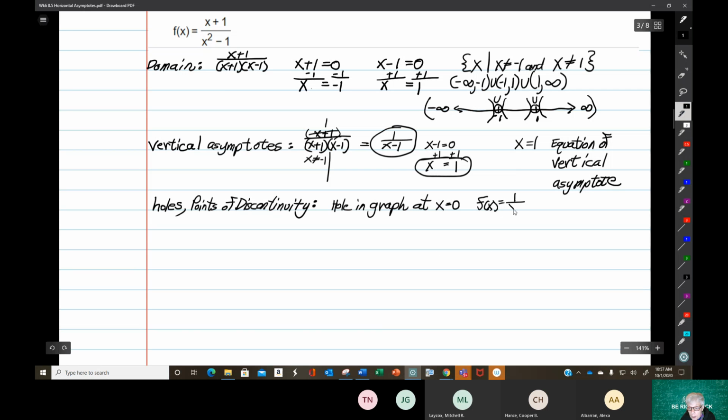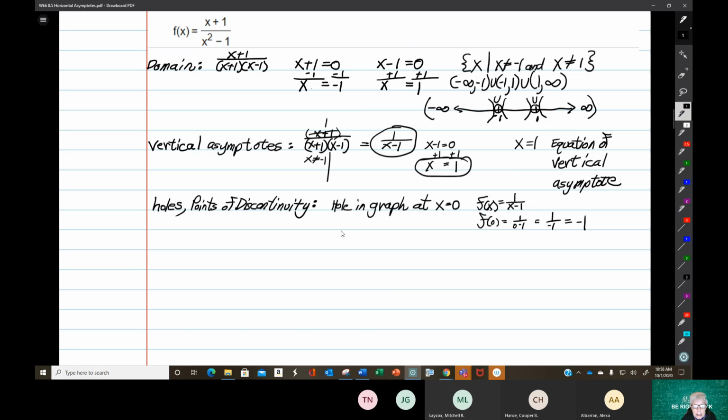So you're left with 1 over x minus 1. If you let x equal 0, you'll have f of 0 equals 1 over 0 minus 1, which is 1 over -1, which is -1.